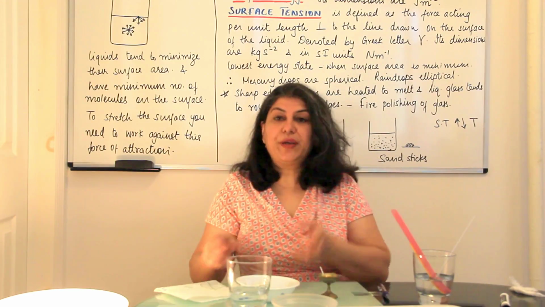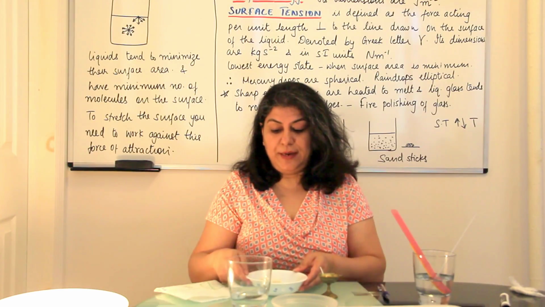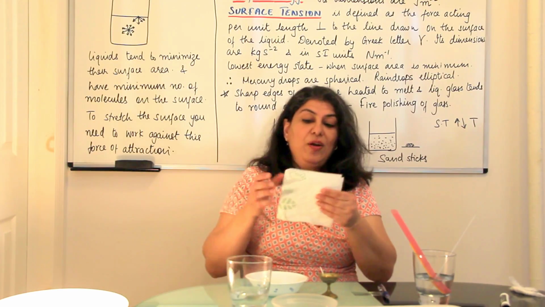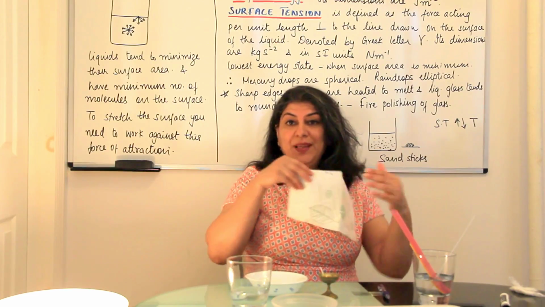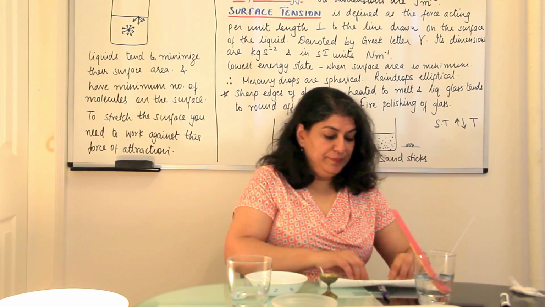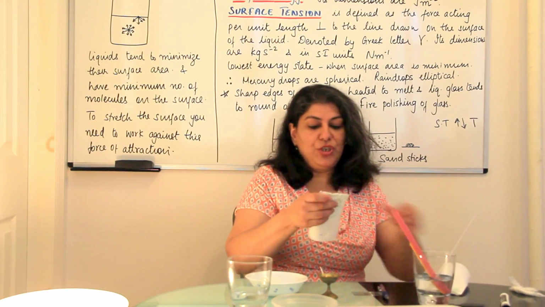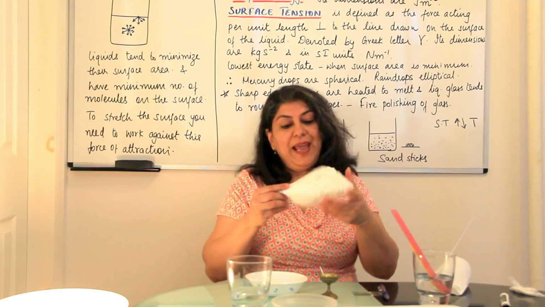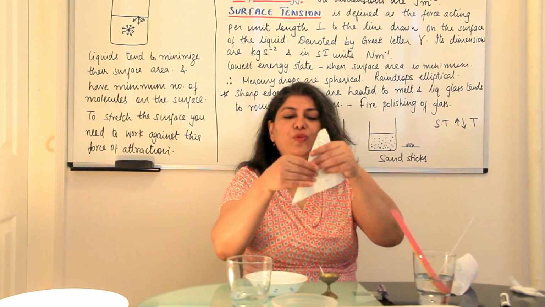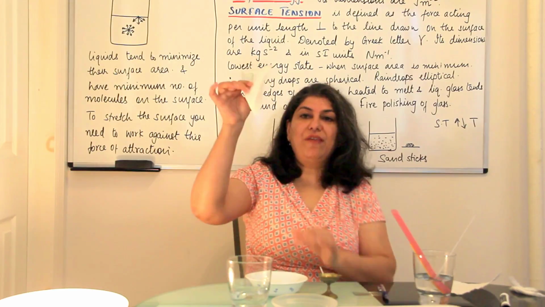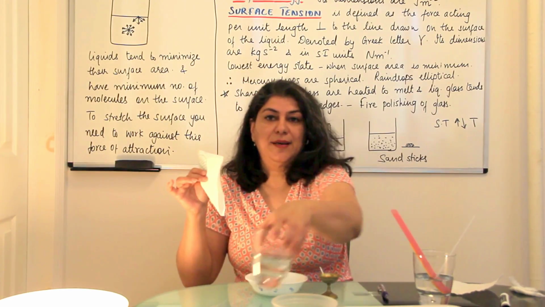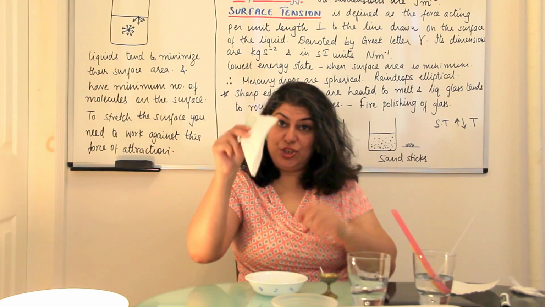Here I got some soy sauce in a container. Now I'll take a little tissue and I'm going to dip a corner of the tissue in the soy sauce. And what do I observe? You would have done this a number of times when you have a colored liquid and you dip the tissue into it.